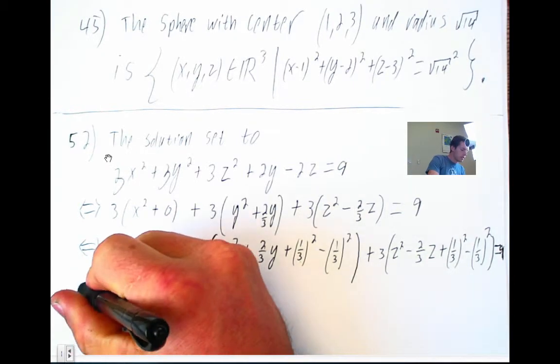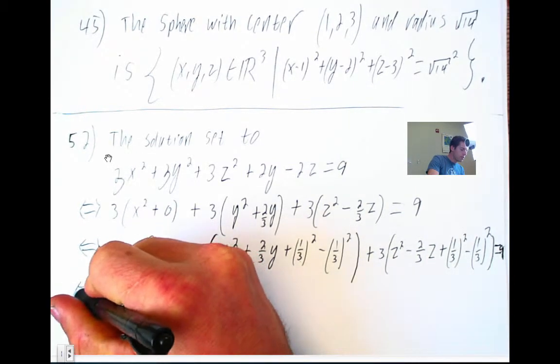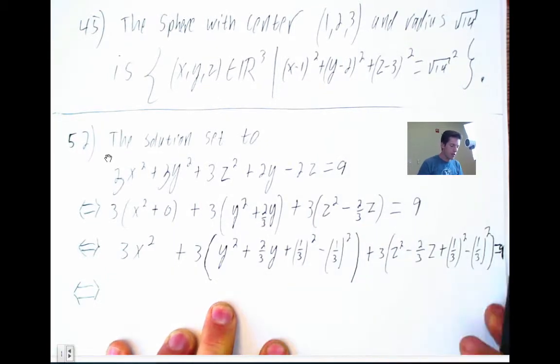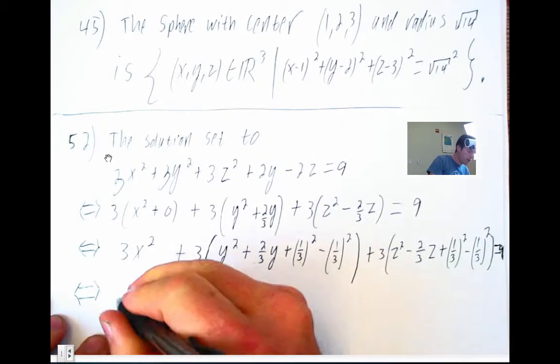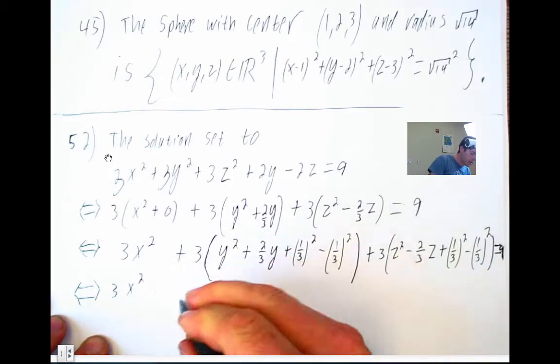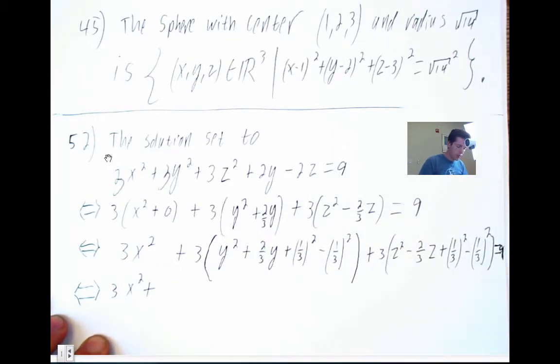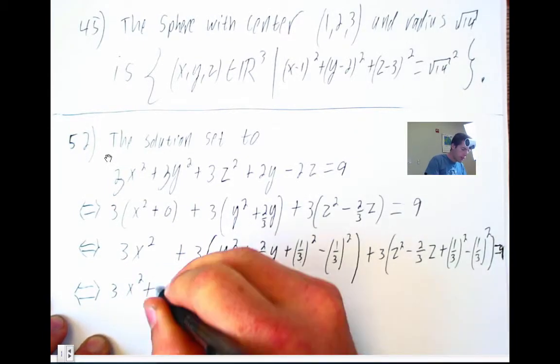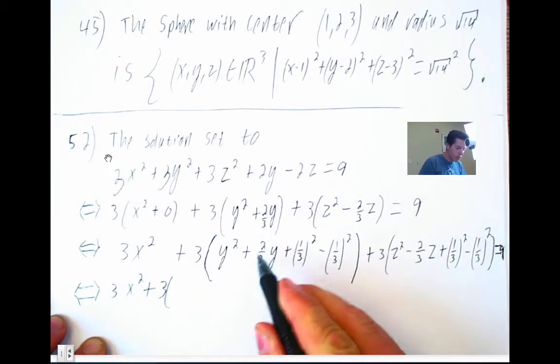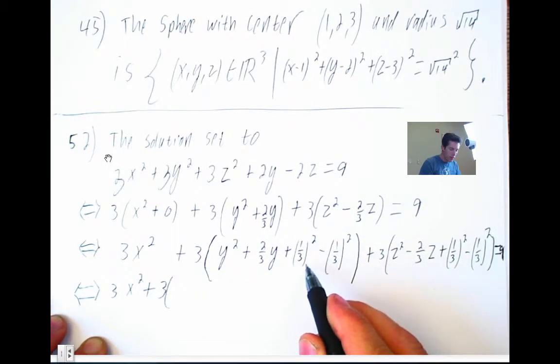Next, I told you that some of these terms can be nicely factored, and we're going to do that. I've got a 3 and y squared plus 2/3 y plus 1/3 squared.